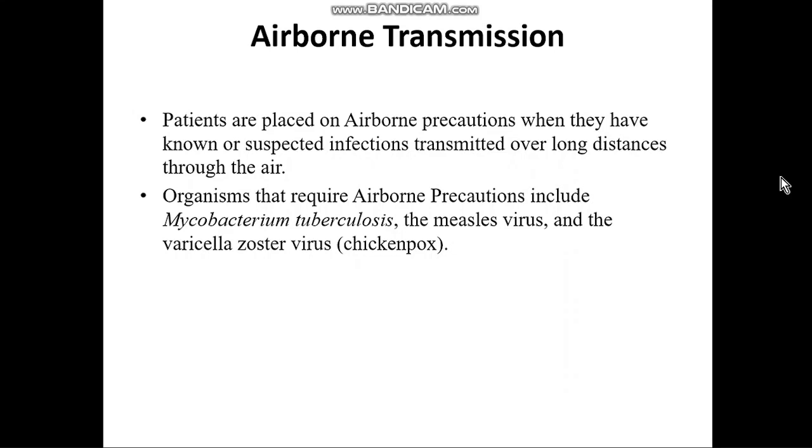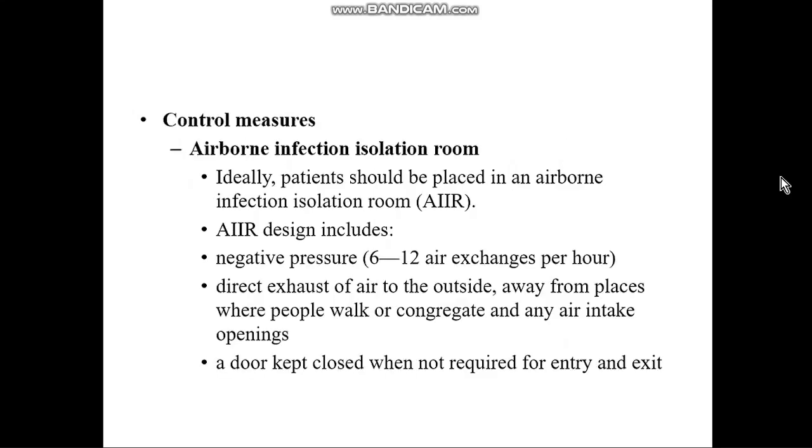So special precautions should be taken in case of suspected or known airborne transmitted infections. The organisms that require airborne precautions include Mycobacterium tuberculosis, the measles virus, and the varicella zoster virus that causes chickenpox.